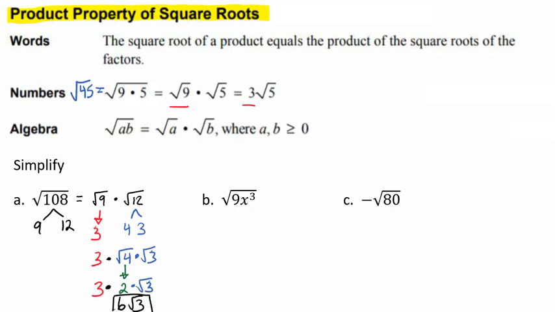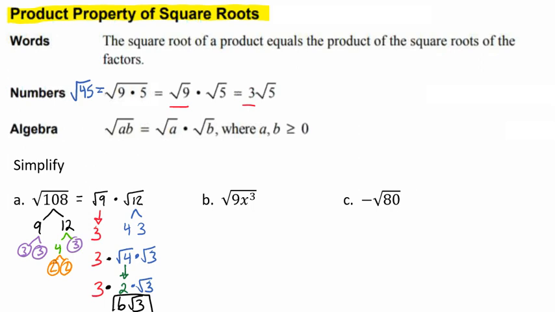Now another way that we could do this is by making a factor tree. So to make our factor tree, we could have used our 9 and our 12 here, and we could have broken down our 9 into prime numbers, so 3 and 3, and we could have broken down our 12 into a 4 and a 3, and then our 4 would break down into a 2 and a 2.